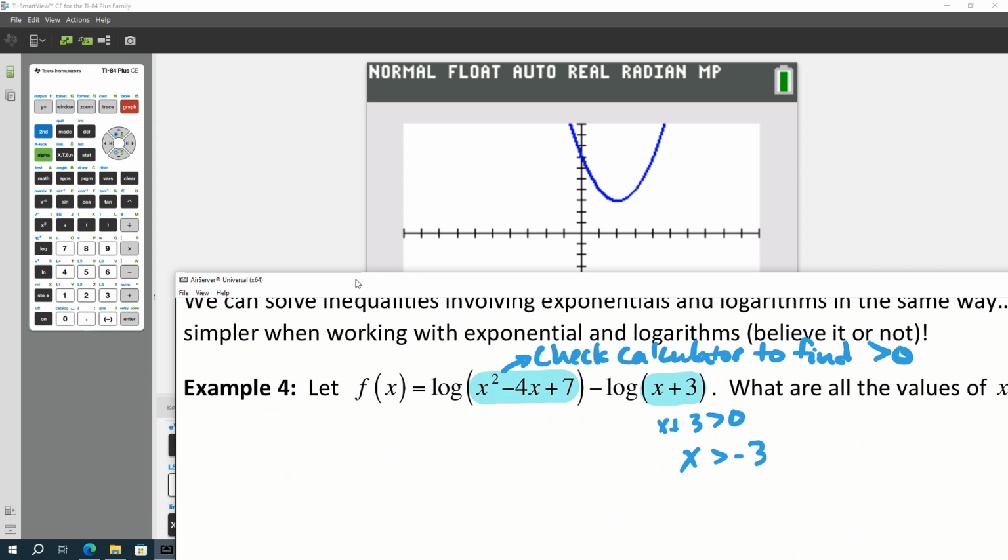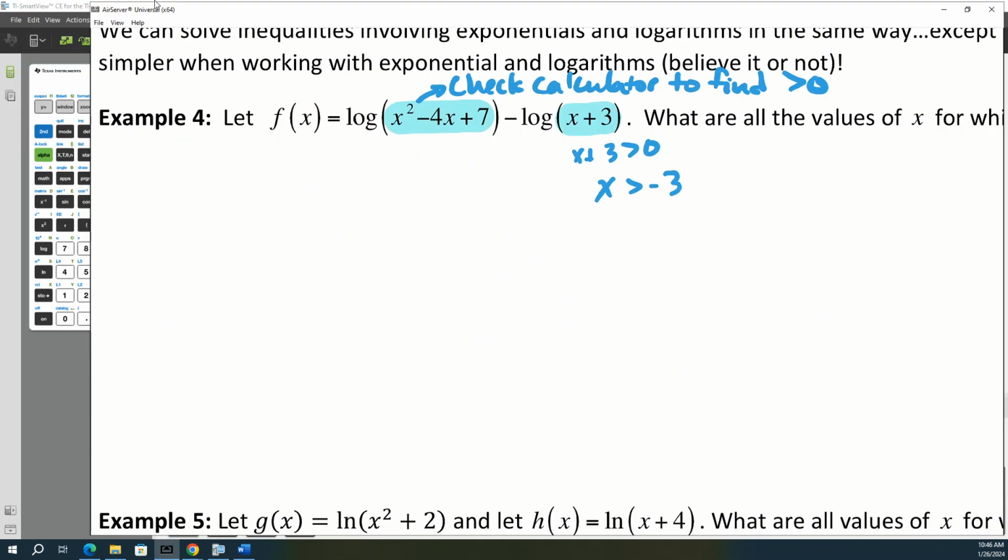Since it's one big function, we have to use x's that are greater than -3. I'm going to make a note that this is always greater than 0. So we don't really have to worry about that for our restrictions on the domain.